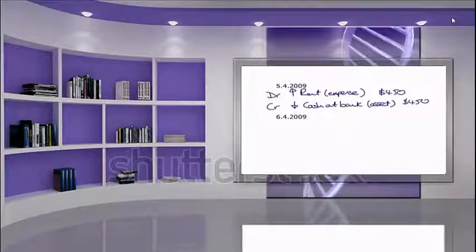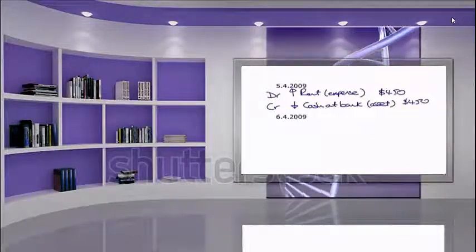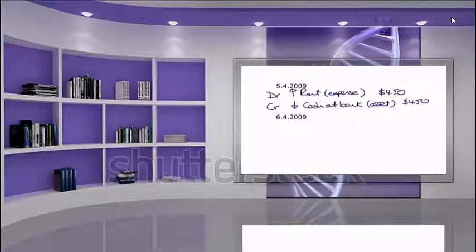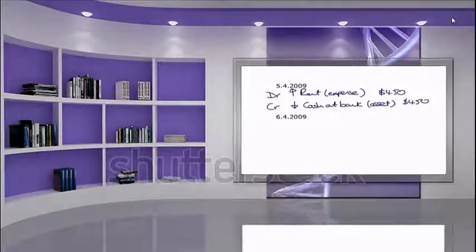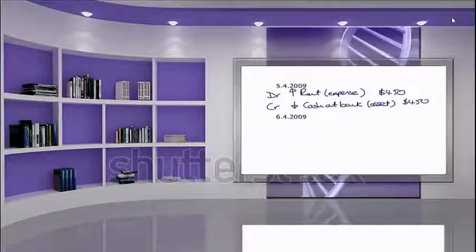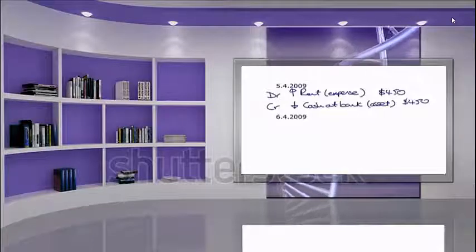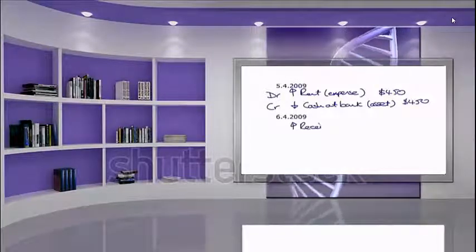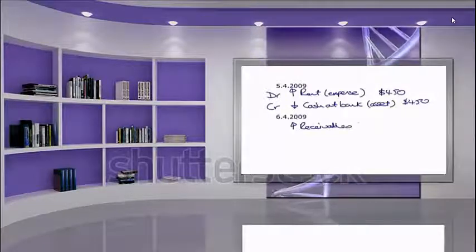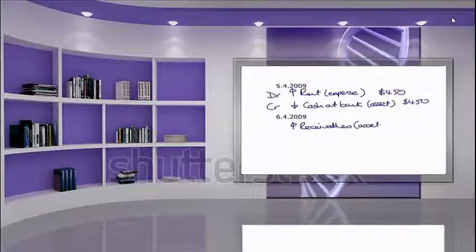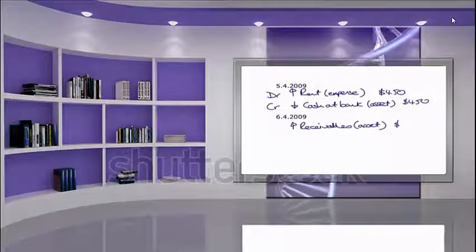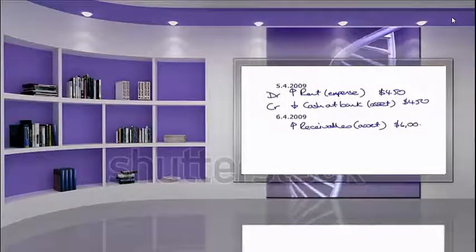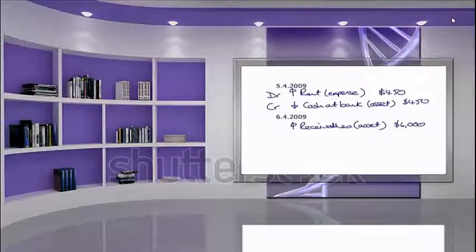As a result, what we would need to do is recognise an asset. Okay? That asset will be known as a receivable. Customers who owe us money. So we're going to increase our receivables asset by the amount that we've sold the goods for, which was $6,000.